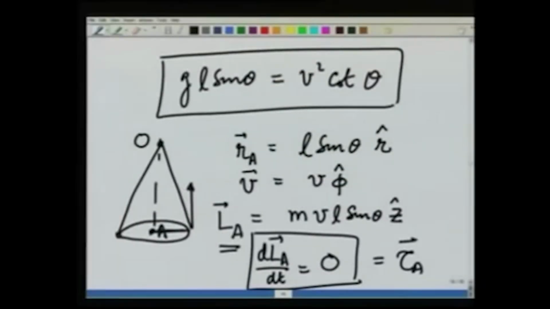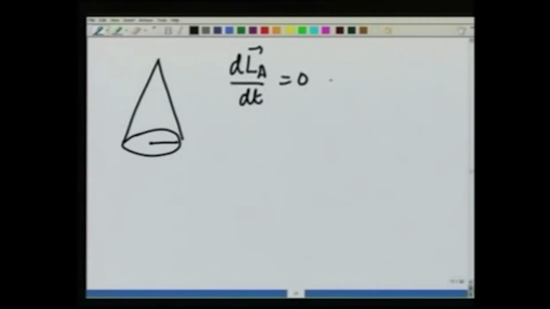If that is the case, torque about point A must also be 0, and let us figure that out now. So, what we have learned, if I take L about point A, I get dL_A dt equal to 0, and this also must be equal to torque about point A. This is the tension.